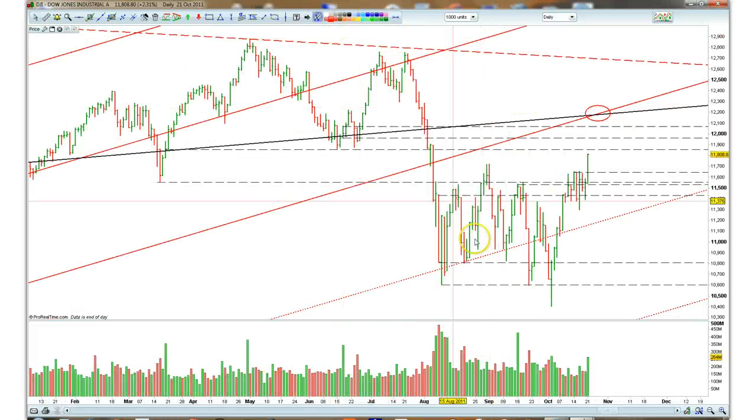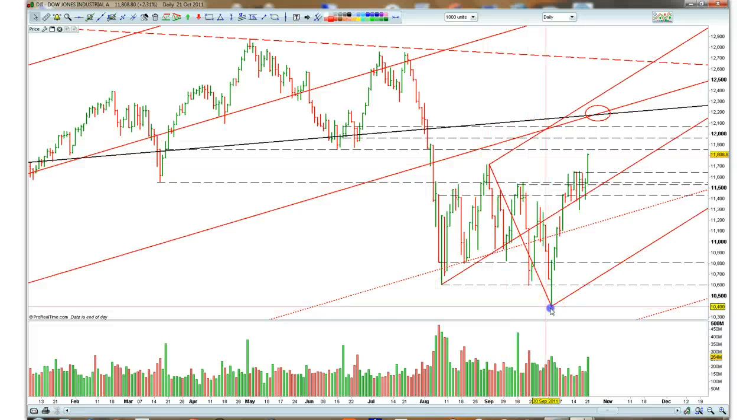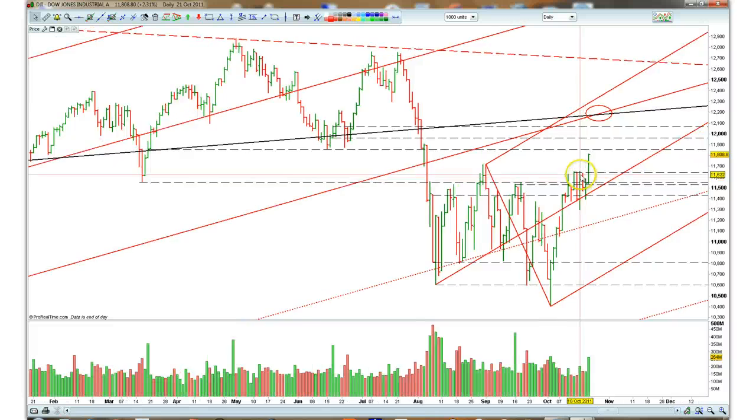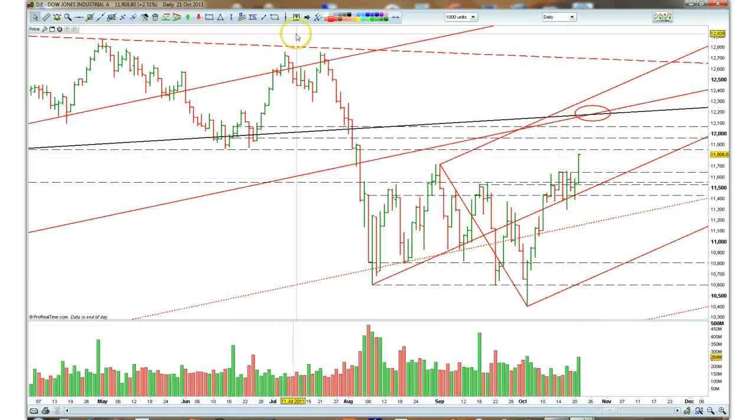The other thing that looks interesting is I probably can get a pitchfork there as well. Look at that, you've got an uptrending pitchfork there, a valid one too. It's gone up, down, back to the median, back tested the median, boom, up. So then you've probably got another one there as well.